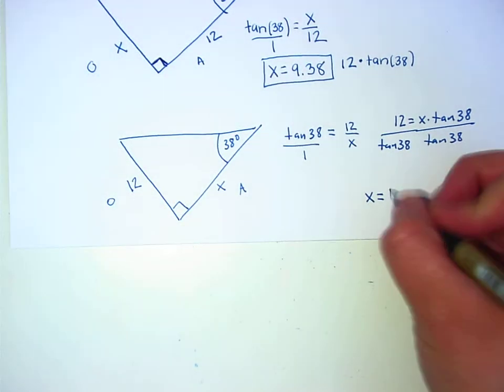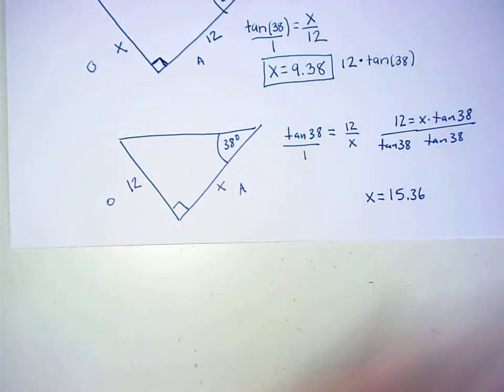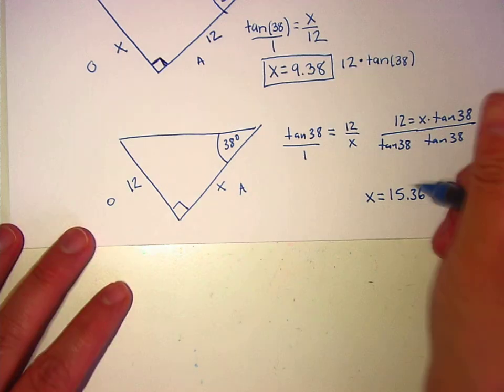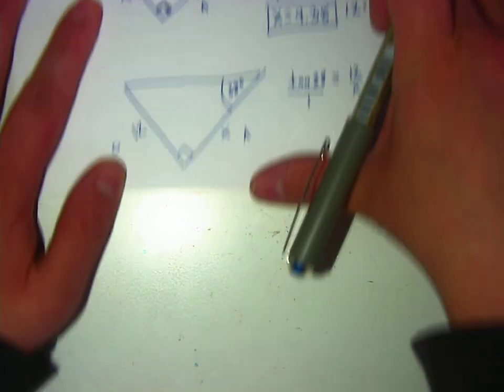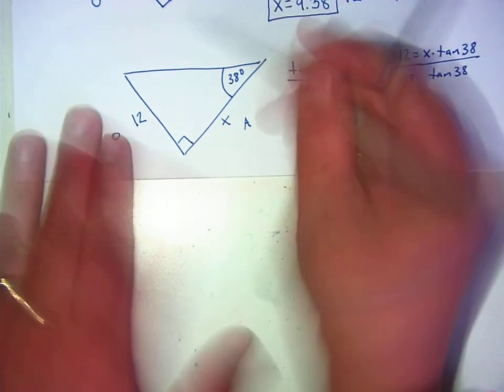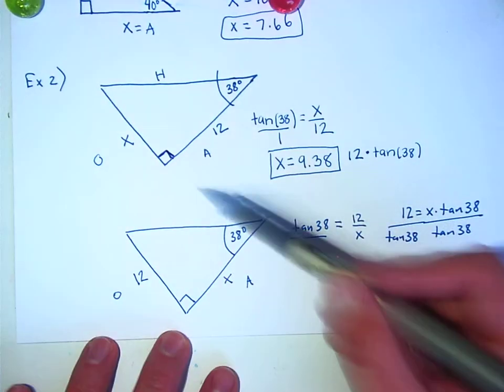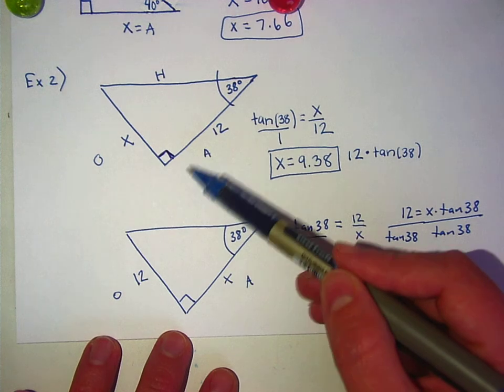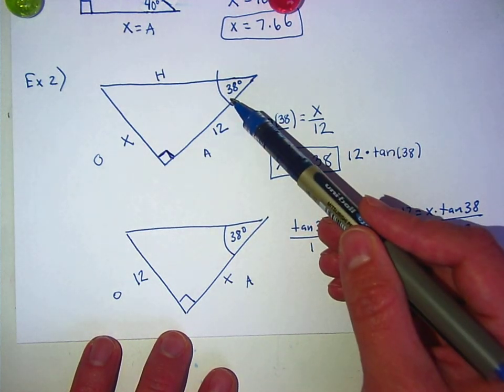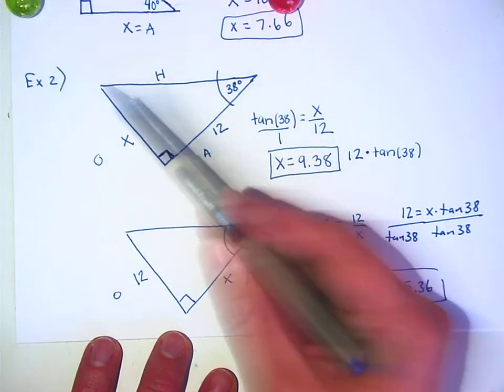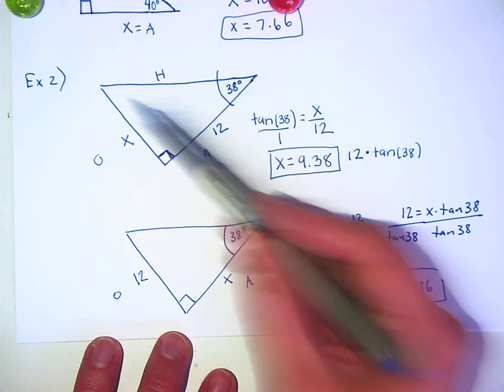Which is 15.36. Wait, why is it the same as the other one? Because I drew a different triangle. Because this is 38 degrees here. I know that I'm not drawing this picture perfectly, but this angle is smaller than that angle.